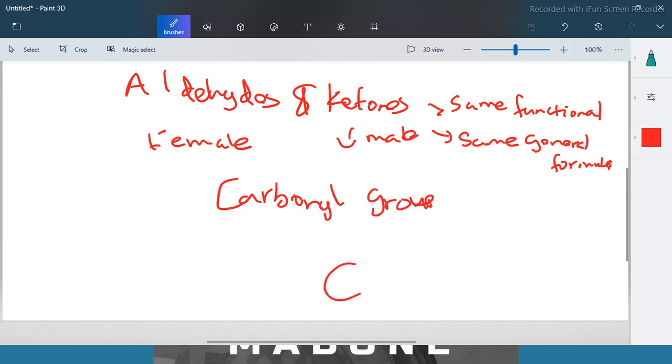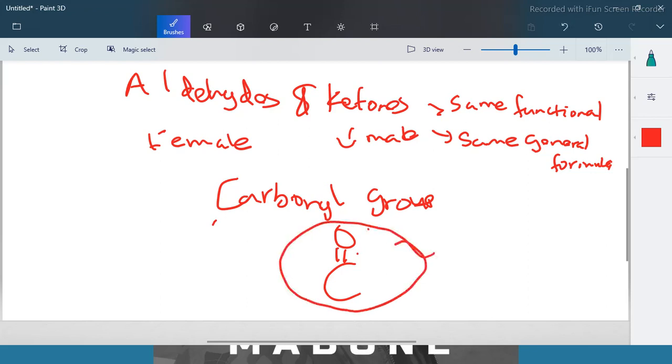It is a bond of a carbon atom double bonded with an oxygen. It's when oxygen is double bonded to the carbon atom, right? As you can see, there's a double bond, there's oxygen and there's a carbon. That's why we call it a carbonyl group.